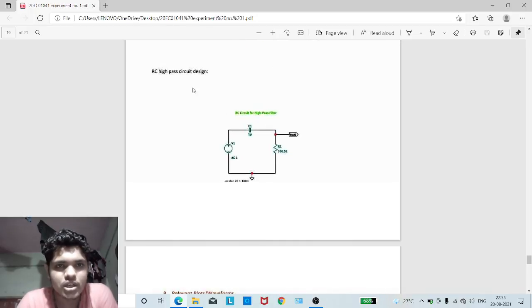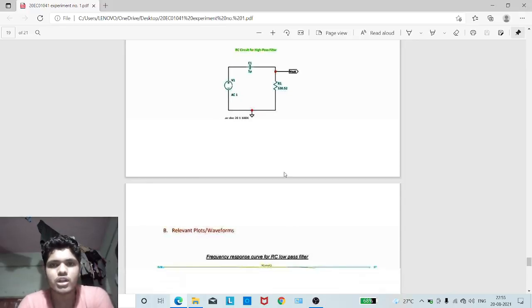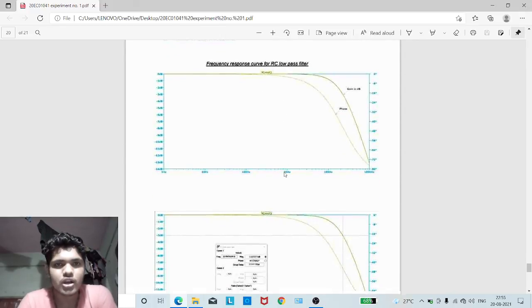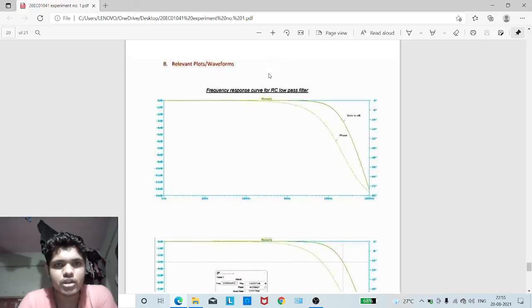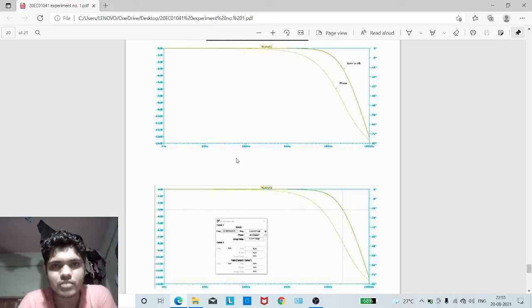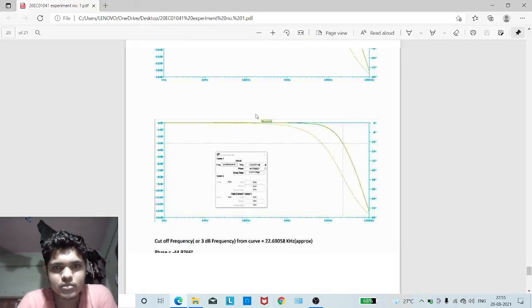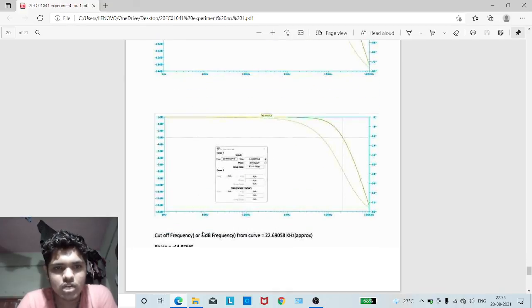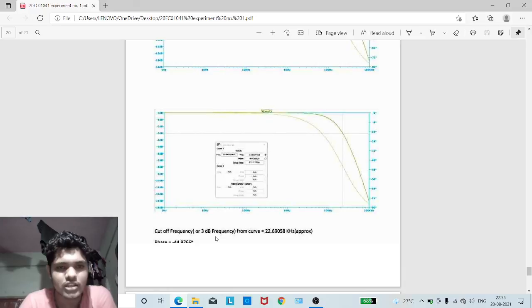And here is the RC high pass circuit design using the LTSpice software. We have two graphs here. This is the frequency response graph for low pass filters, and we have got this cutoff value here, 22.69058, and a phase of minus 44.9766.